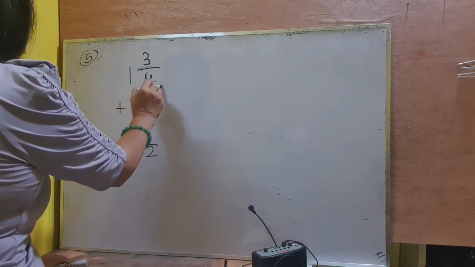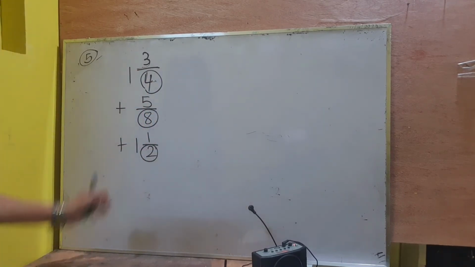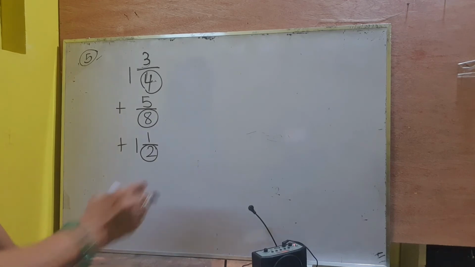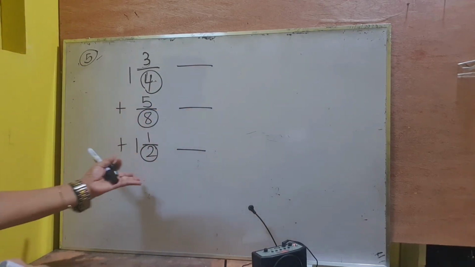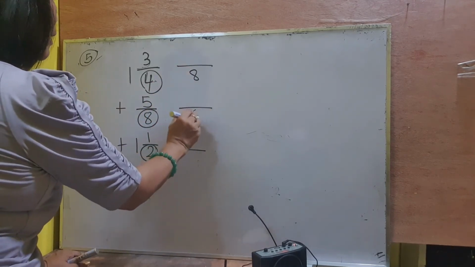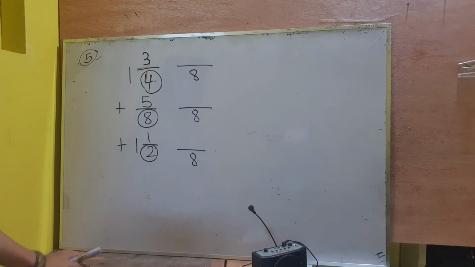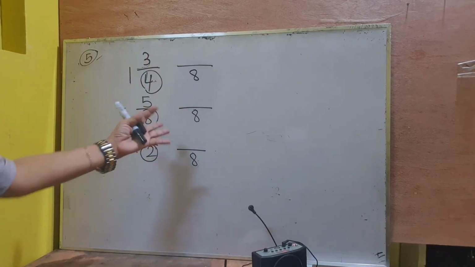Okay, so dito, titingnan ninyo. Ito ay 4, ito ay 8, ito ay 2. Ano ang number na pare-pareho na pwede sa kanila? Ito yung sinasabi natin LCD. Okay, so from here, kita natin, we can use 8, 8, and then 8. Okay, kailangan magpantay-pantay, pare-pareho muna yung kanilang denominator.